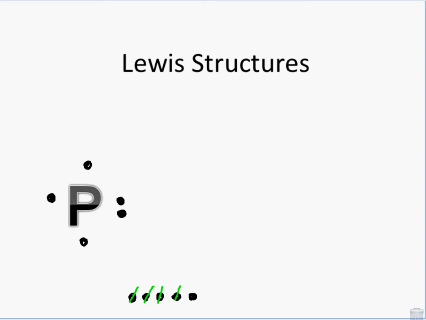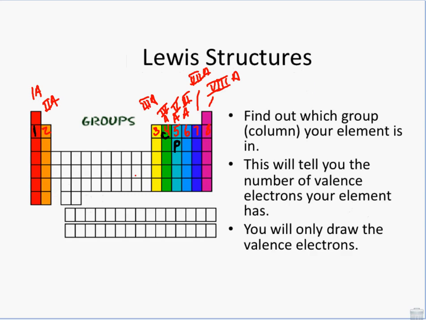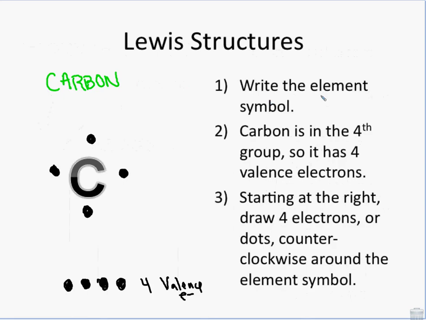Okay, so let's recap really quick. Write the element symbol. Count the number of valence electrons. Starting at the right-hand side, draw the electrons as dots, counterclockwise, 1 in each position.